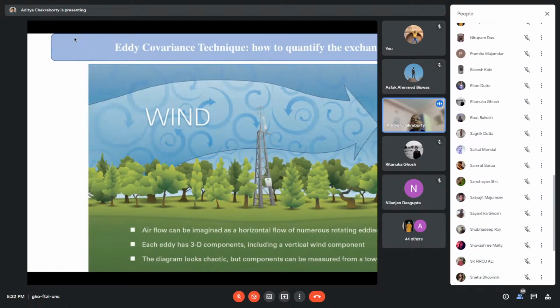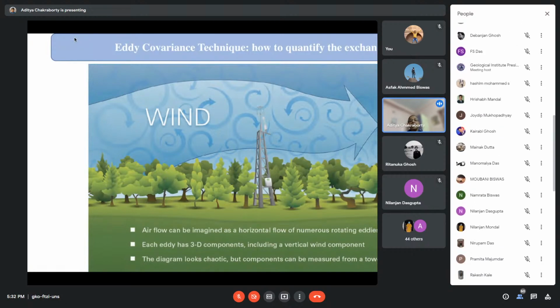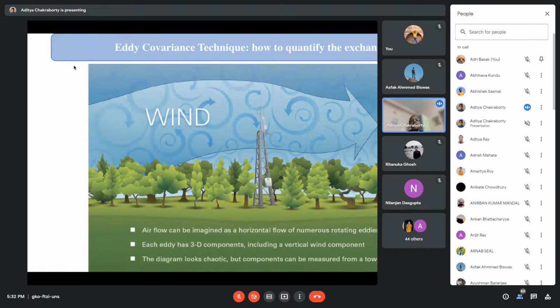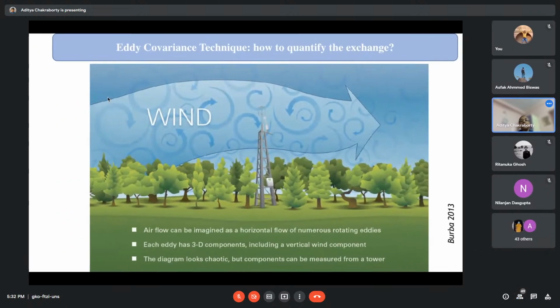So I will briefly describe the principle of this eddy-covariance technique. These turbulent systems can be envisaged as consisting of many small and large eddies, which is shown here, the whirling nature of the wind pattern, shown by these blue circular arrows.